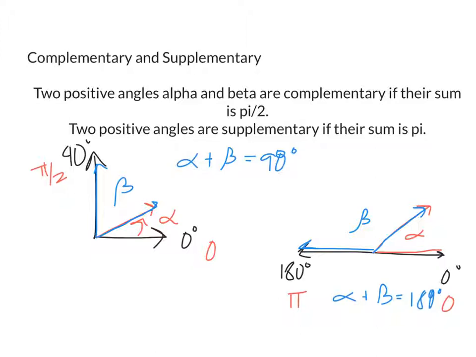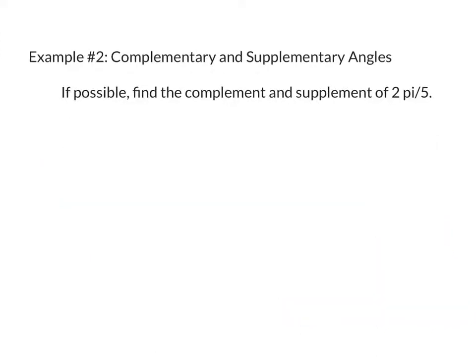So let's try and find our complementary and supplementary angles. In example 2, we're asked: if possible, find the complement and supplement of 2 pi over 5. Let's think about it logically. The complement would be 90 degrees minus the angle we've been given.